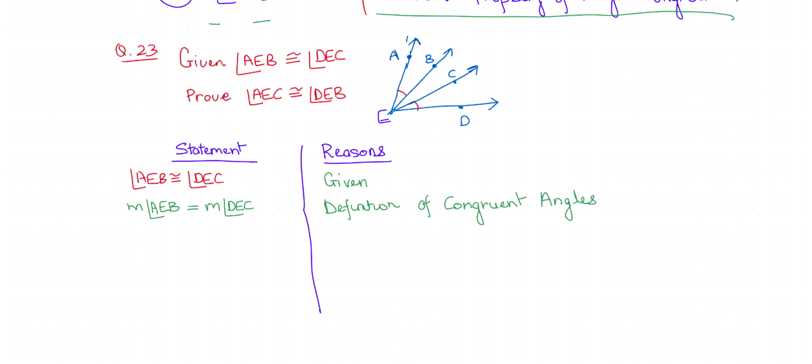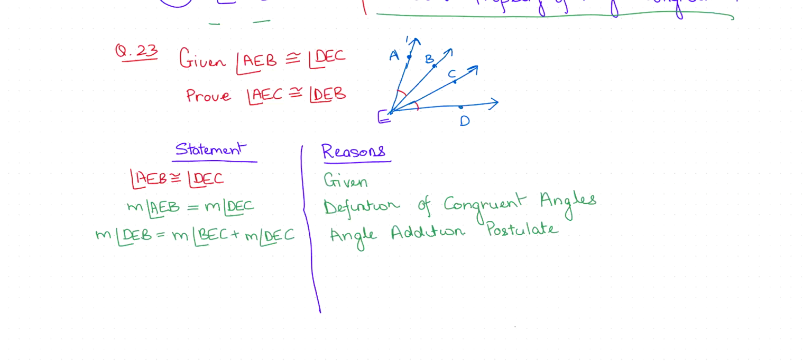So now if both of these angles are congruent, then measure of angle AEB is equal to measure of angle DEC. This is by the definition of congruent angles. Congruent angles have the same measure of degree.